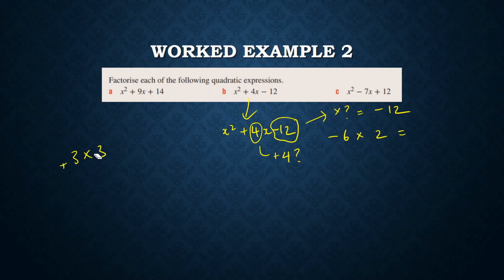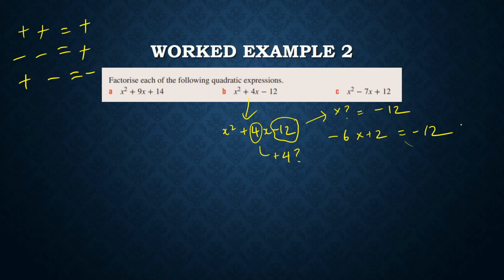We just know it's positive. So over here, we know the 2 is positive. So 6 times 2 is 12. A negative and a positive will equal a negative. So negative 6 times positive 2 equals minus 12.